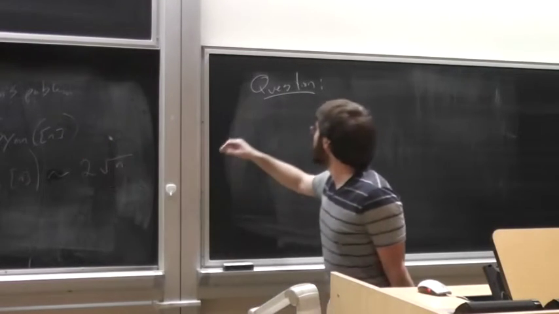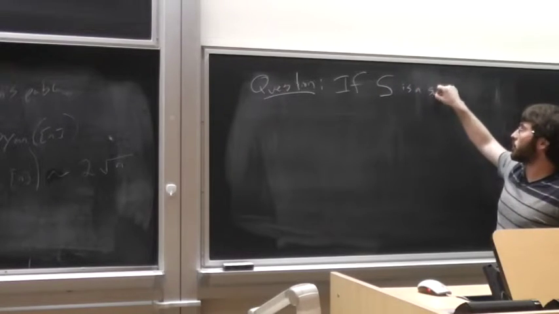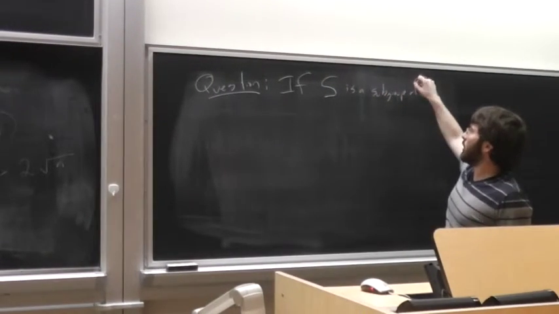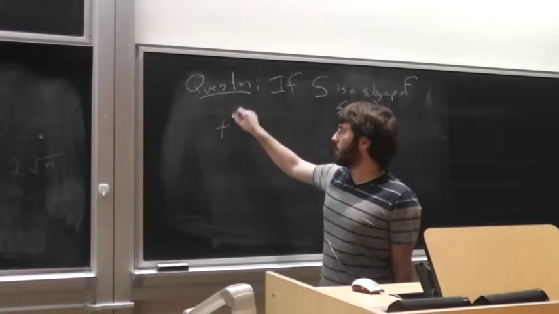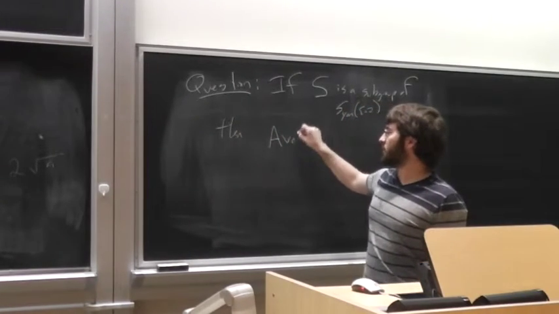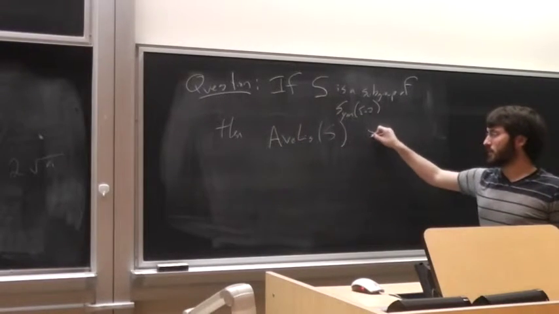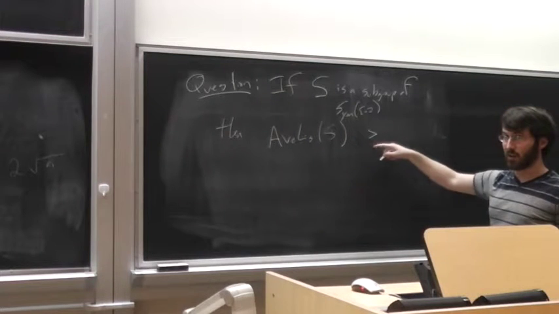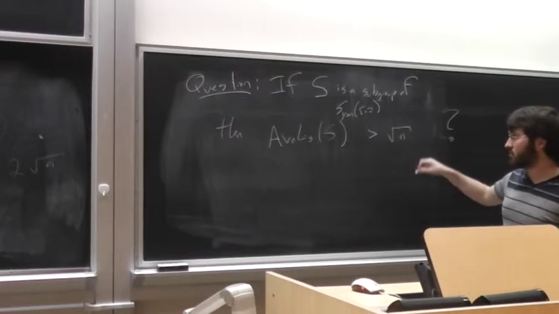For example, let's say if S is a subgroup of our symmetric group, then what can we say about this average longest increasing subsequence business? And I'll phrase it in this particular question. Is it bigger than, there's going to be a question mark because here's the question, square root of n.